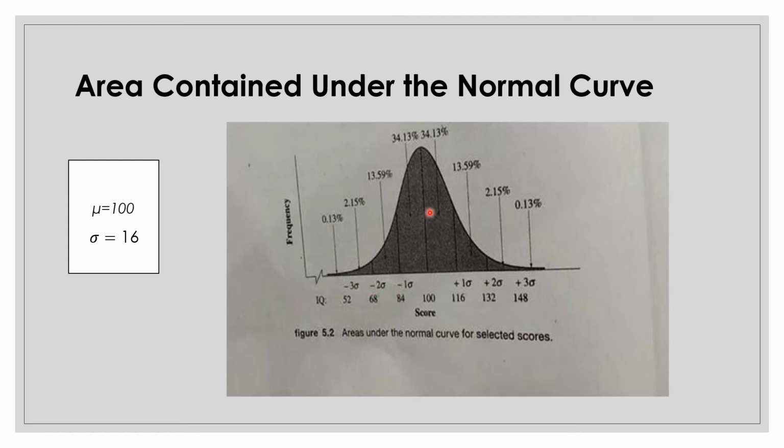You have certain percentages from the mean up to the standard deviations on each side, so that one standard deviation from the mean going to the right is 34.13%, and going to the left it's also 34.13% from the mean to one negative standard deviation.